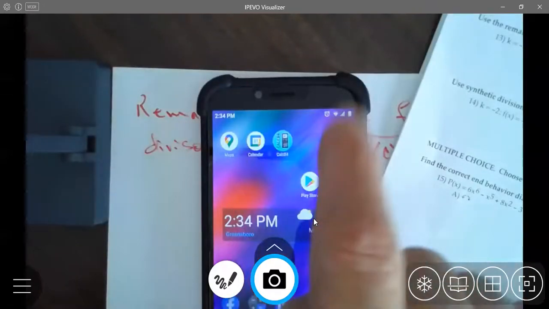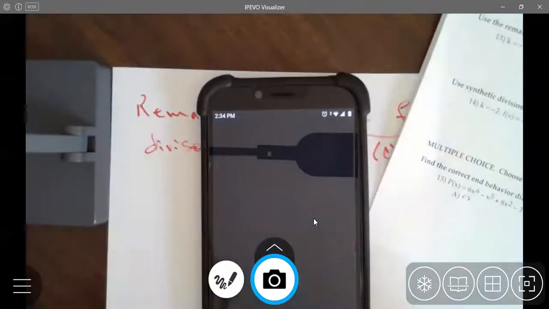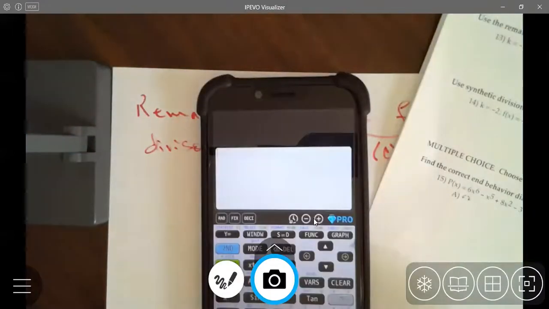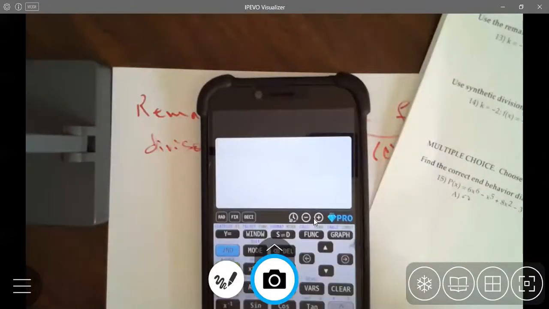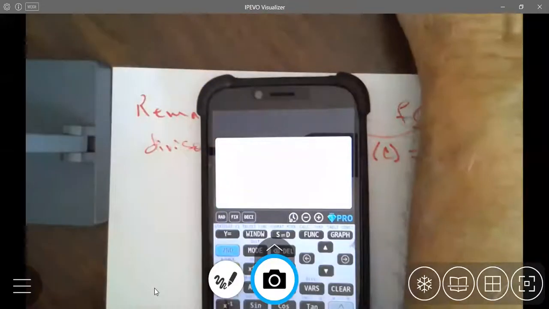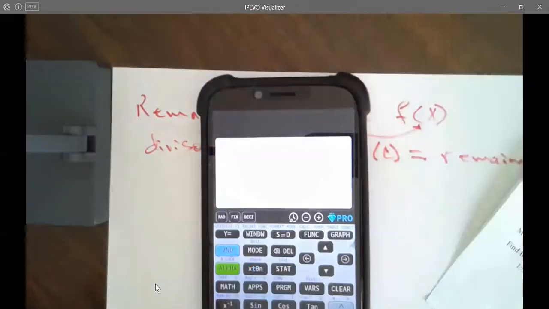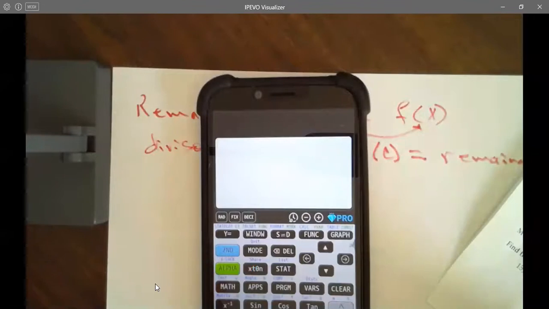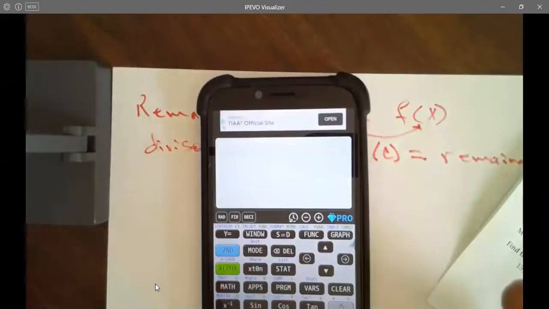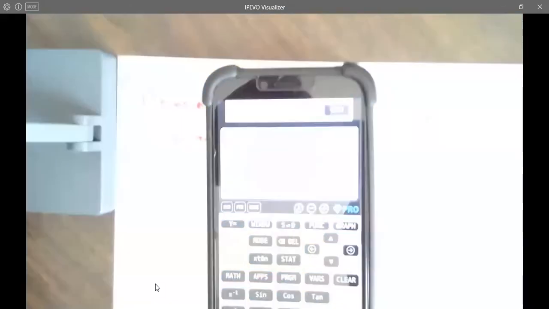Now each instructor is different. You may have an instructor that won't allow calculators on your cell phone. So it's an instructor's prerogative. So you're just going to have to go with whatever the instructor wants.